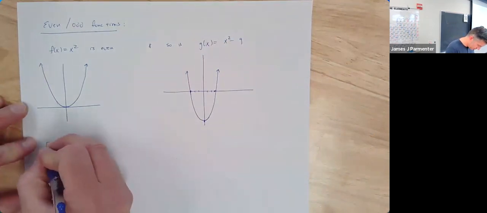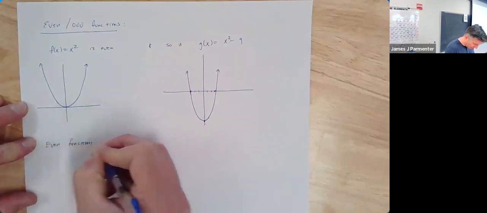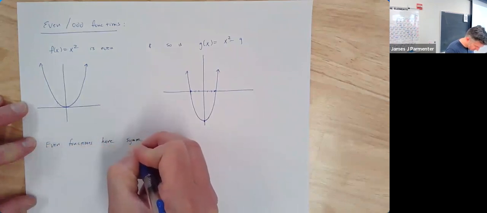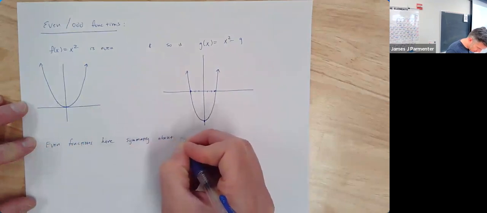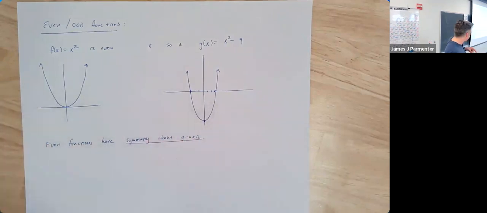So even functions graphically have symmetry about or around the y-axis. The way I think about that, you can think of it two different ways.